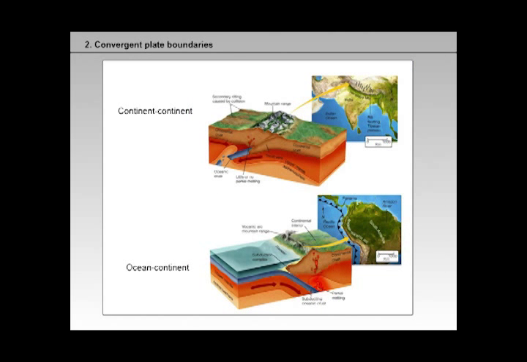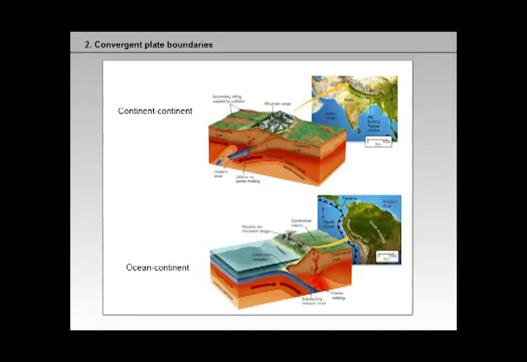So I'm going to start now and just talk through some of the applications that we've used MT to study. And I'm going to talk about a couple of types of convergent plate boundaries, first of all, and then talk about subduction zones with a couple of examples. So obviously these plate boundaries are an important part of the plate tectonic cycle, and the difference is really controlled by buoyancy.